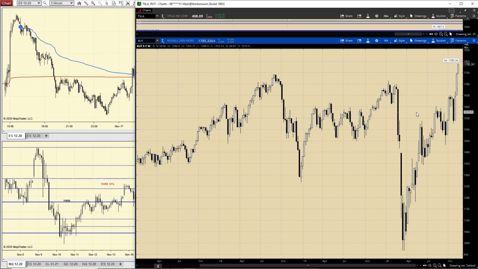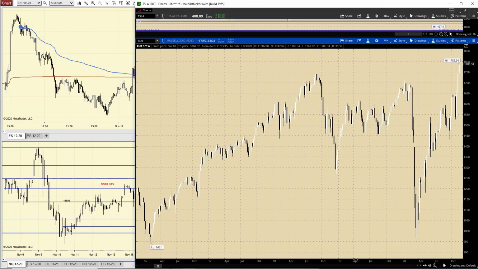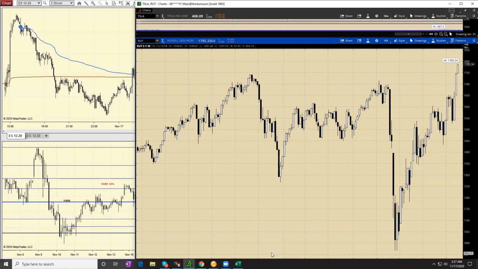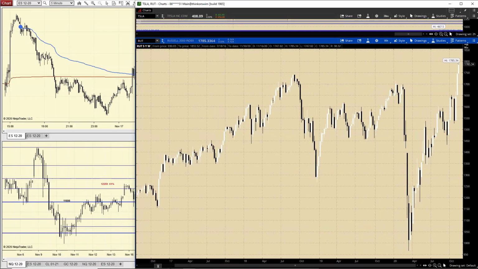You can't really see anything that could say a target on this, and we're even looking at a weekly now.